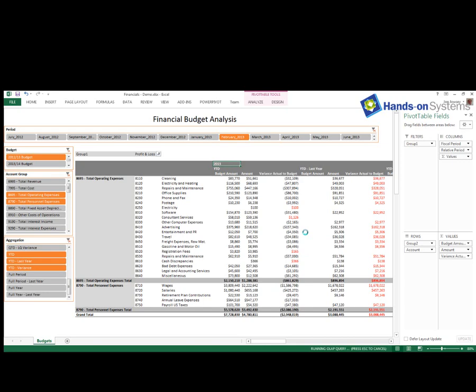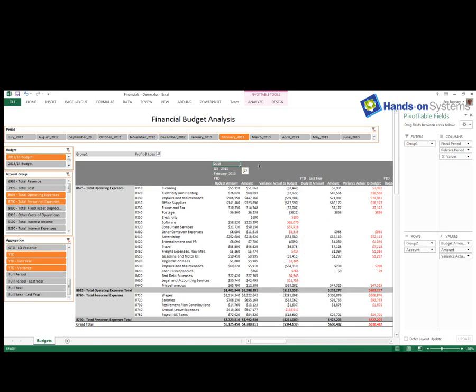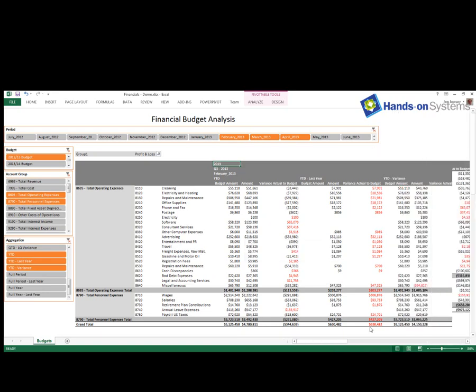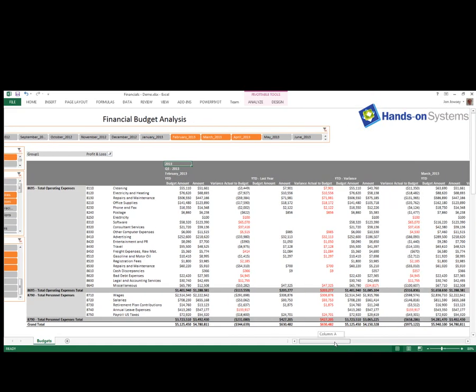Now what we'll see then is the February period reproduced, and we can start including other periods. So we can look at March and April, and against each of those periods we will have the year-to-date figures, what those year-to-date figures were last year, and what the variance was against those year-to-date figures.